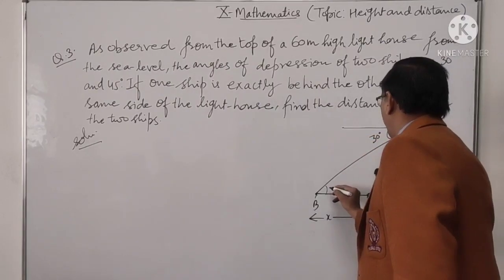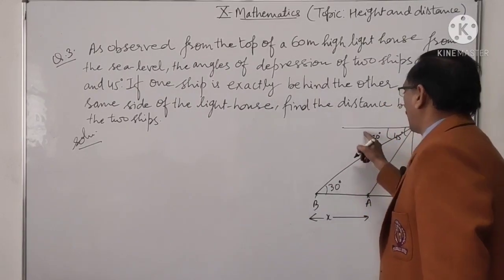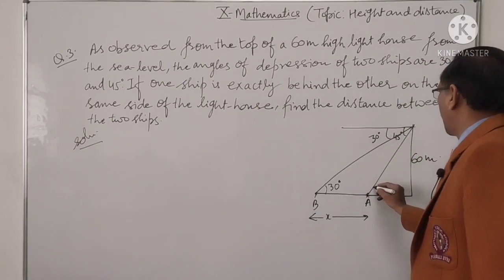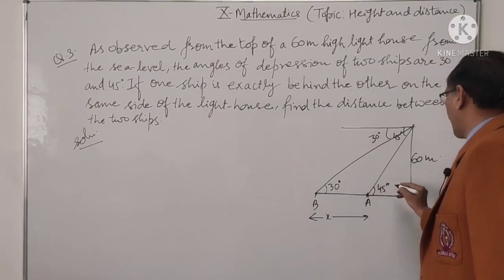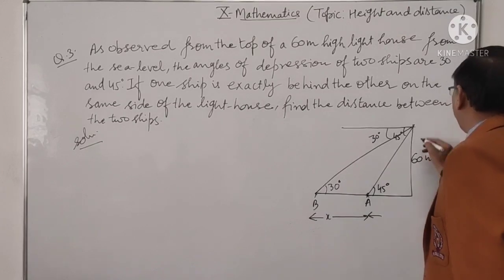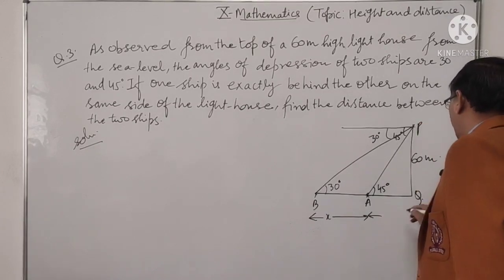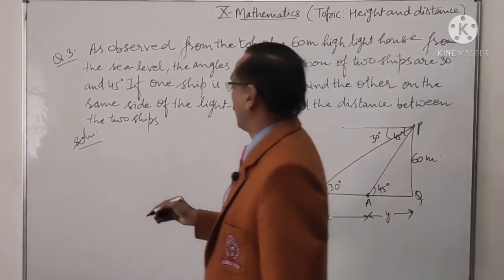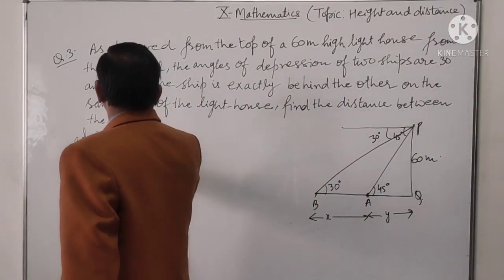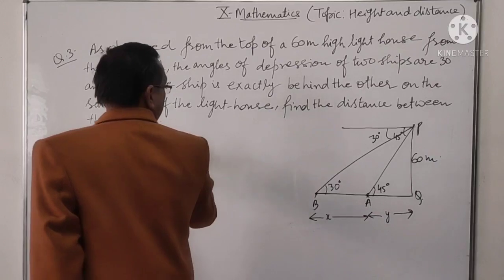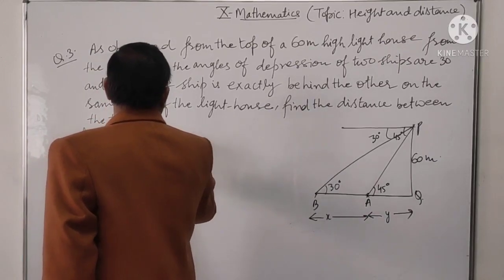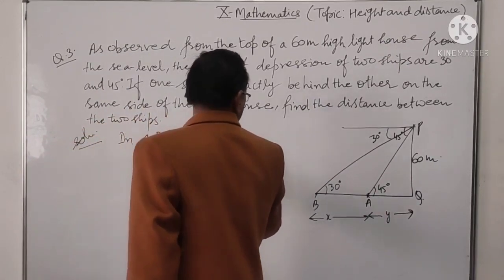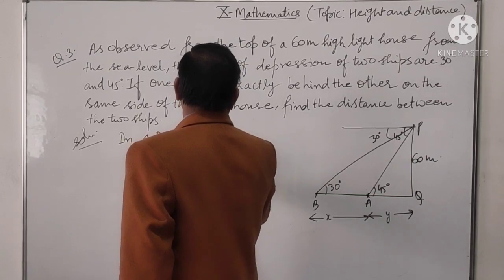This angle is also 30 degrees because angles are alternate. It is 45 degrees. Let PQ be the lighthouse and this distance be y. Then in triangle PAQ, angle Q is 90 degrees.